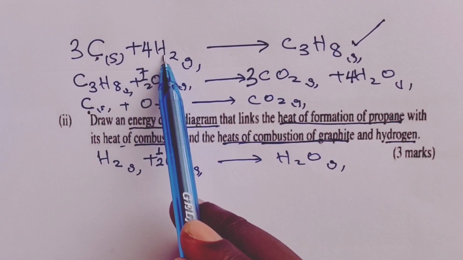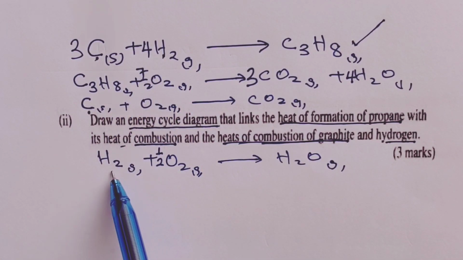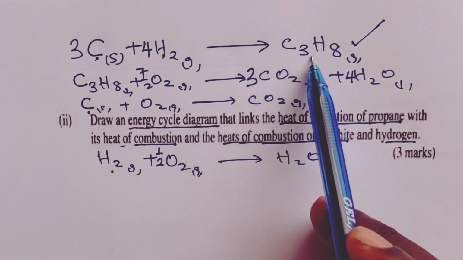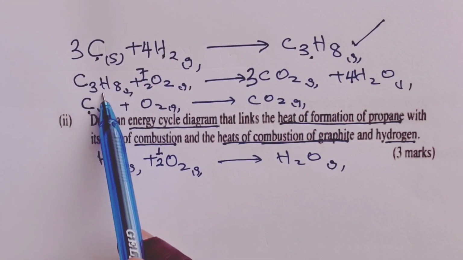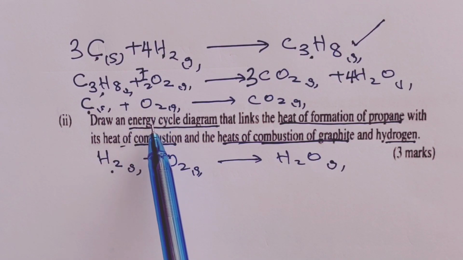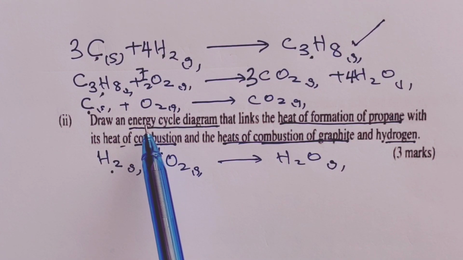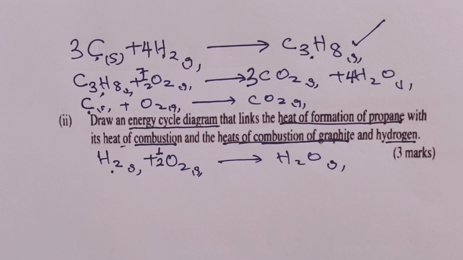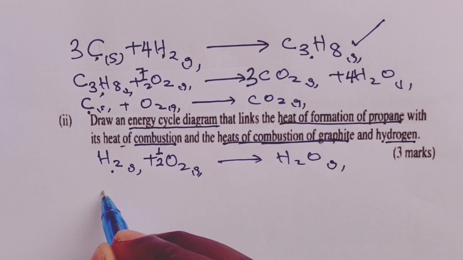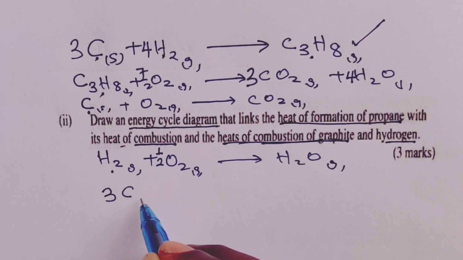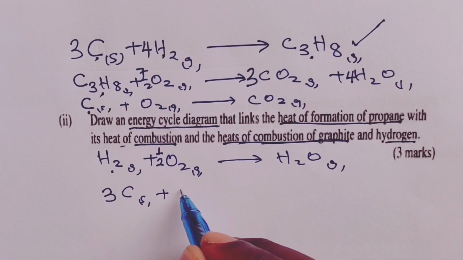It has hydrogen, which shall generate equation 4, and it has propane, which can generate equation 2. No other equation here has that ability to generate others. So moving forward, we shall write our equation 1 as our main root.